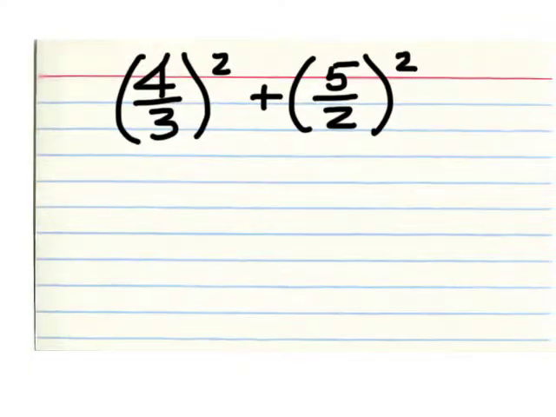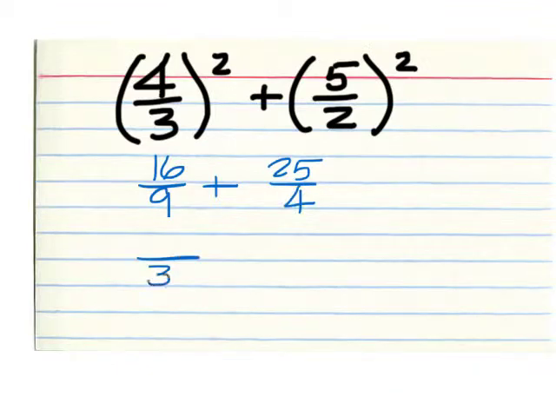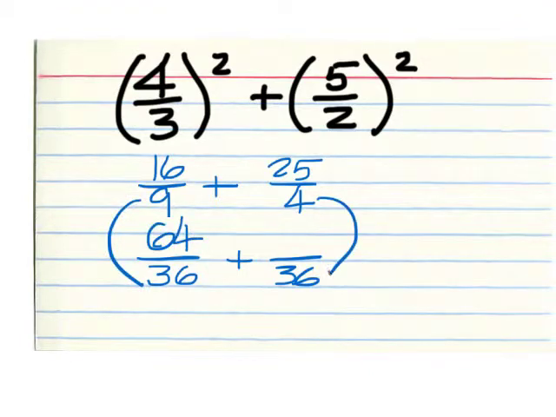Practice 1 solution. 4/3 squared is 16/9. And 5/2 squared is 25/4. Again, we have a common denominator of 36. So here we're multiplying by 4, so the top is 64. And by 9, this will be 225.